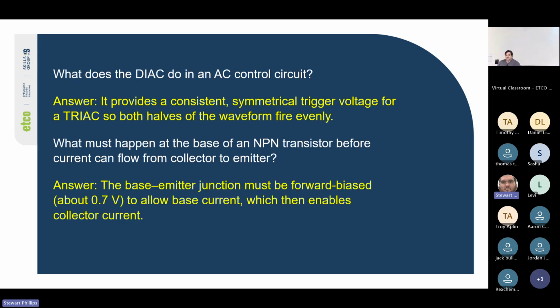Yep. So the base emitter junction must be forward biased, so about 0.7 volts to allow base current, which then enables collector current.